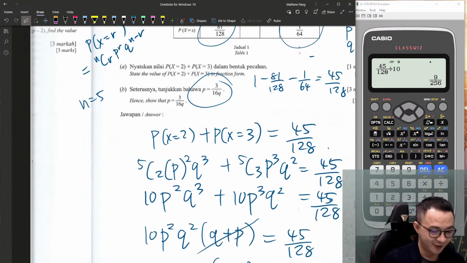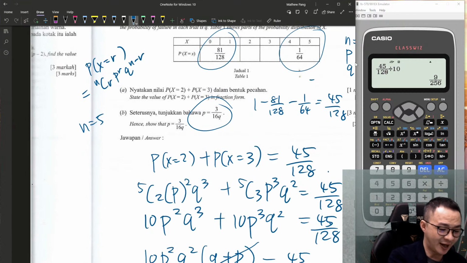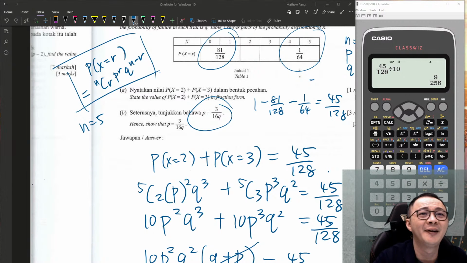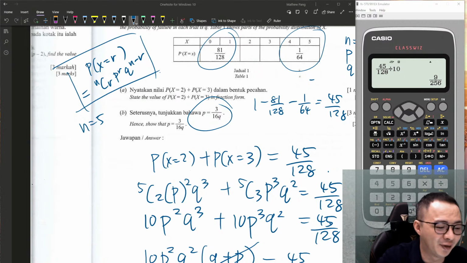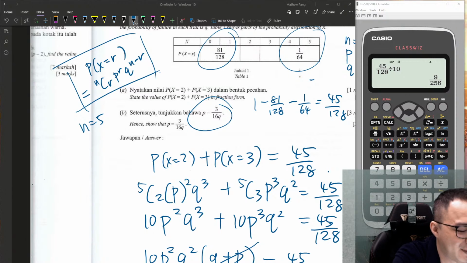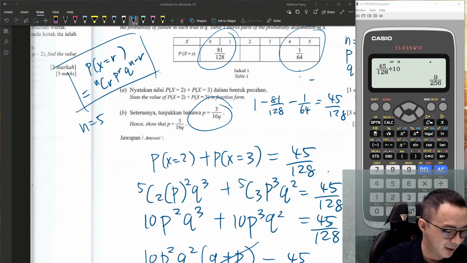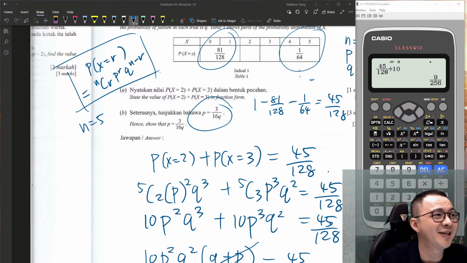Anyone have any reference books together with you? Can try to check this one. I believe, unless I memorized the formula wrongly, or I Google it quickly, binomial distribution formula. Yeah, my formula is correct.